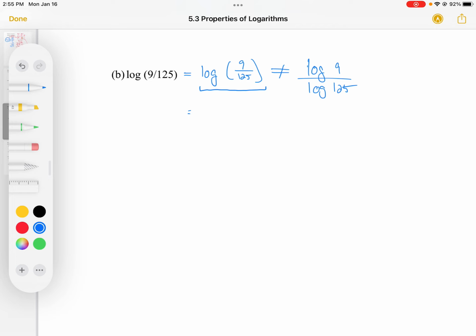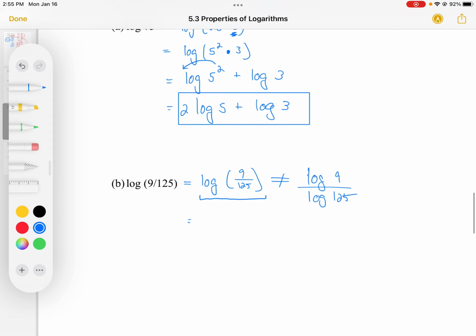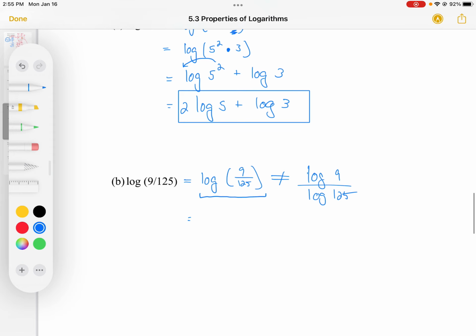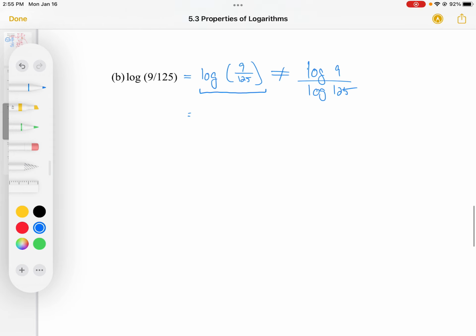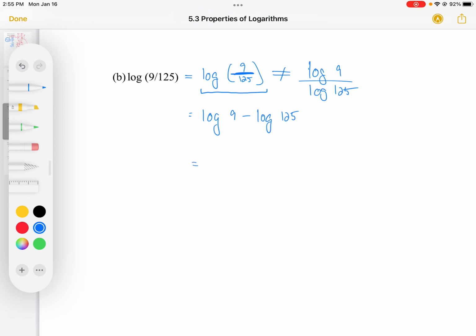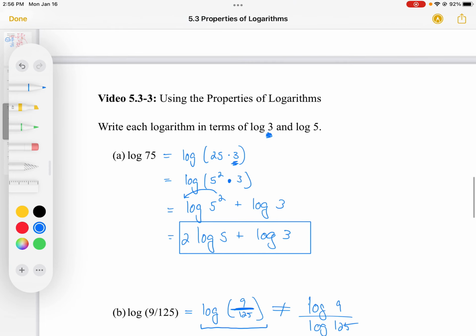And just as in the last statement, well, you know what I'm going to do here instead? I'm going to rewrite this first as log of 9 minus the log of 125. So I'm using that quotient property. Now that I've done that, I'm going to rewrite the 9 as 3 squared because, again, I have to be thinking in terms of 3s and 5s as the directions ask.